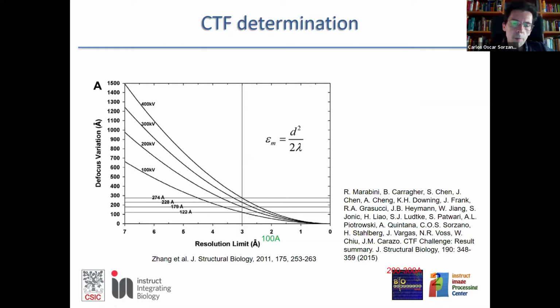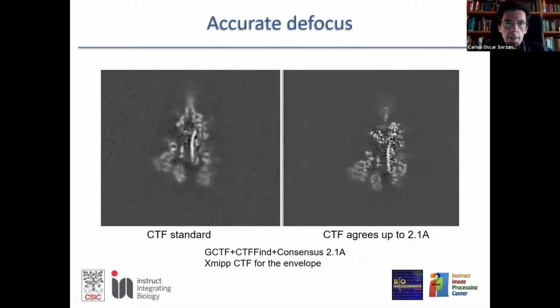You know that if you want to have very high resolution from theory, from first principles, as José María was saying, you need a very, very accurate determination of the defocus. For instance, for a 2 angstrom resolution, you want to have an error in the defocus that is less than 100 angstroms, which is extremely high precision. And actually, this is what we observe in this data set.